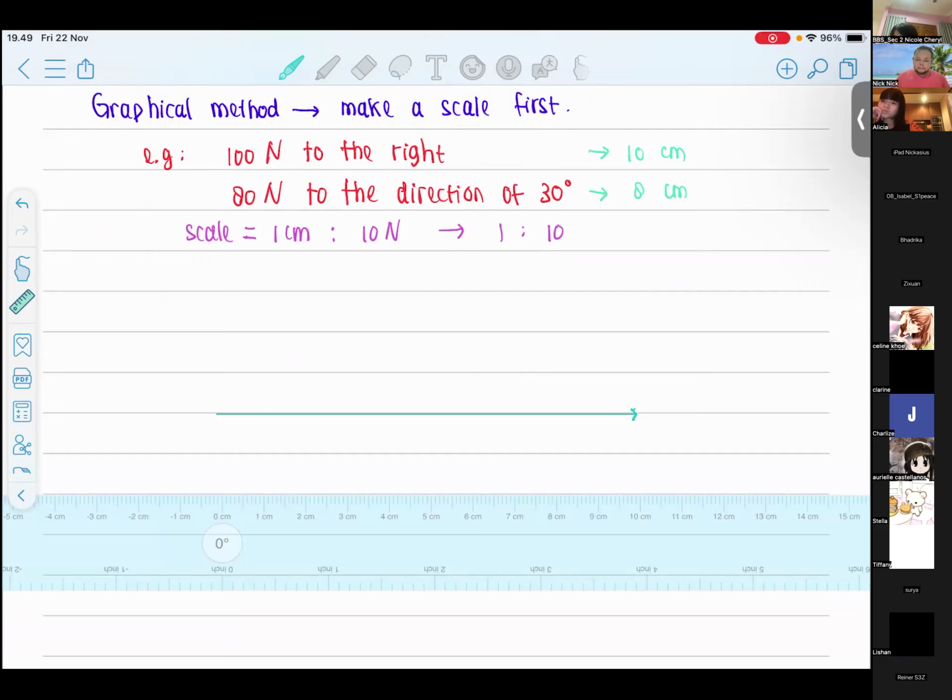Okay, students. This is 100 Newton, 10 centimeter.